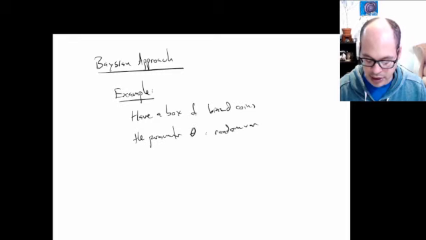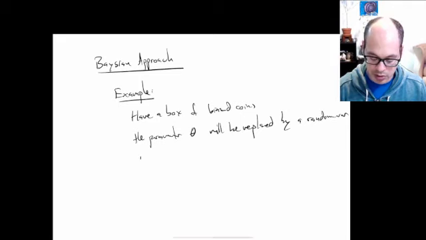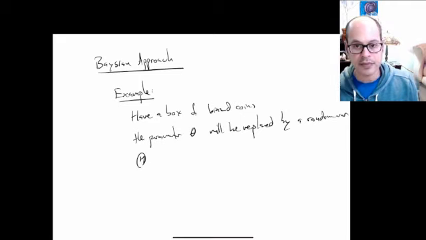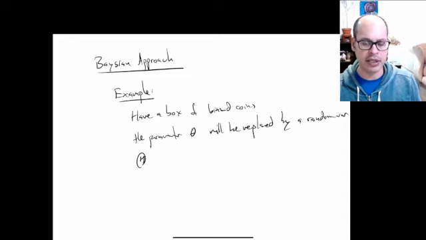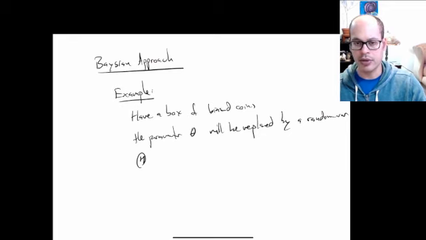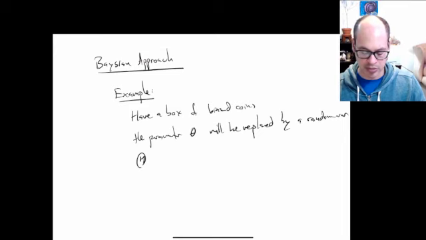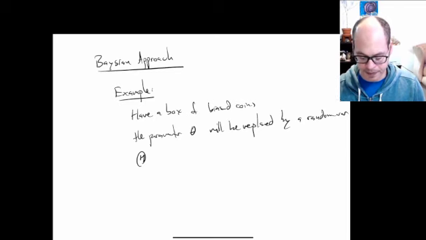Let me say the parameter theta is going to be replaced by a random variable, which maybe I'll call capital Theta. And the idea is, how is capital Theta chosen in practice in this experiment? Well, we simply choose a coin from this box of coins, and capital Theta is the random variable which tells me what kind of coin I just picked up.